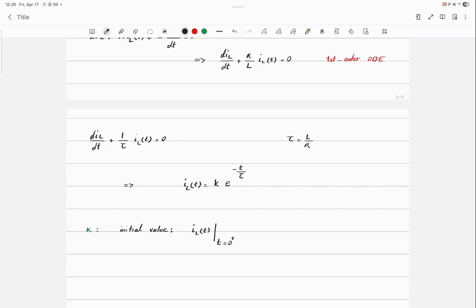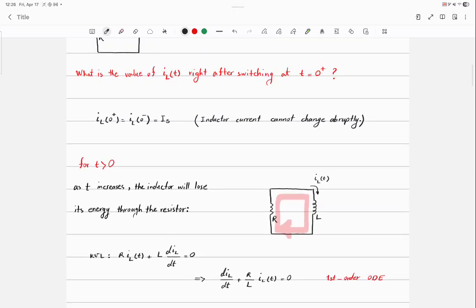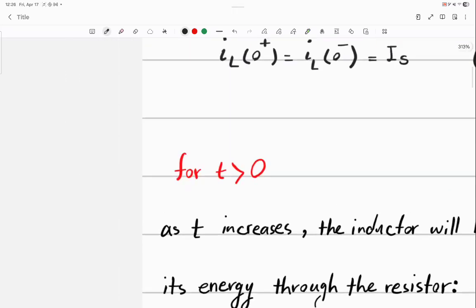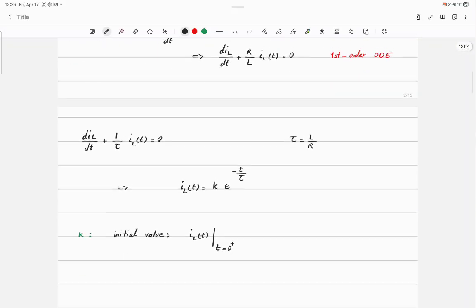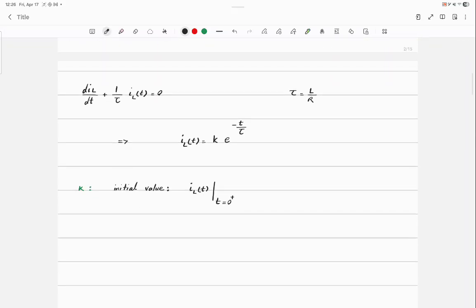Because this equation applies to 0 positive. This part of the circuit that I'm analyzing, do you see that? It's for positive time, so I'm considering 0 positive. One might ask, what's the difference? 0 negative, it's IS. We already determined. Well, 0 positive is also IS, right?